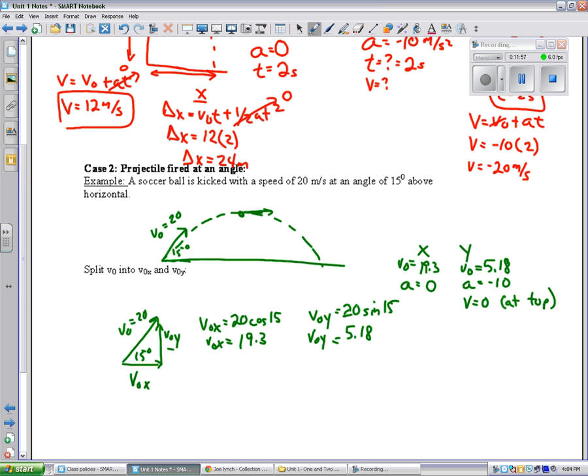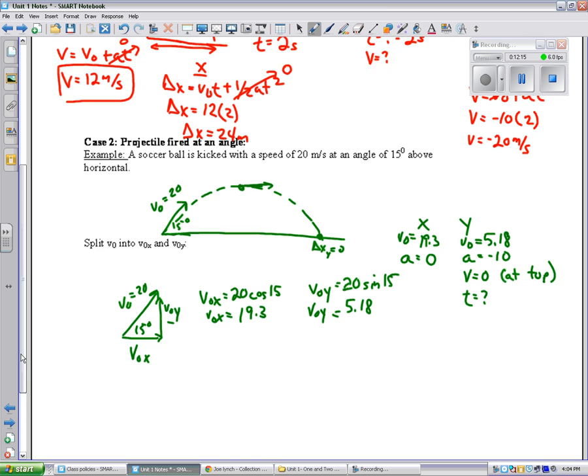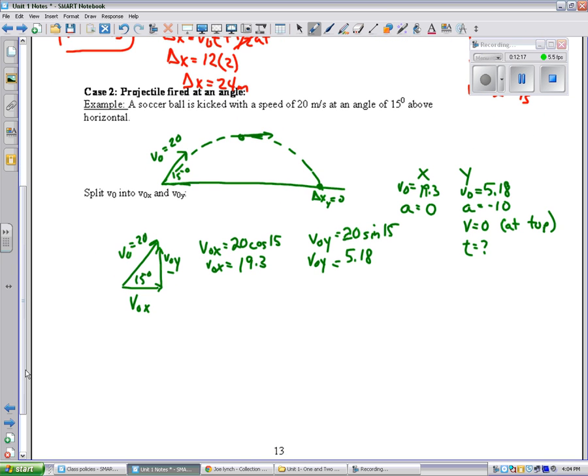Another thing you could use if you wanted to was here, delta x in the y direction is 0. That's another possibility, but I'm going to do it this way for now, with v equals 0 at the top. Again, I'm going to find time first, and I'm going to use the y side in order to do it for this problem. So, this equation is going to be the one that's going to work for me this time.